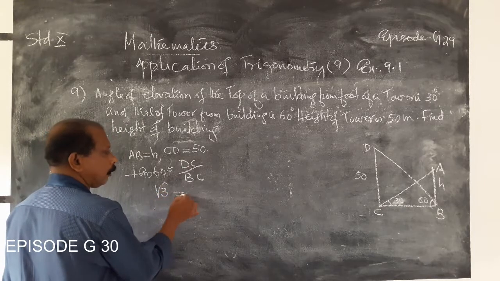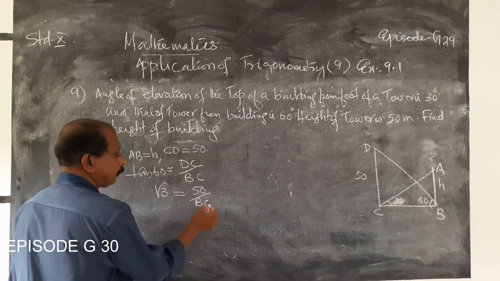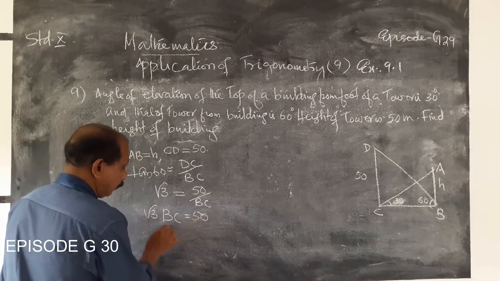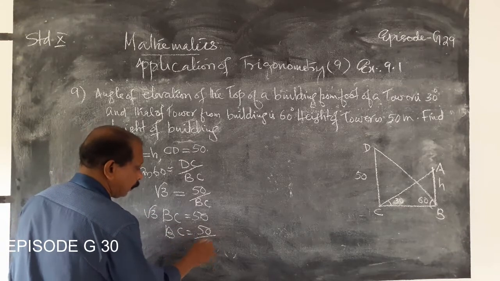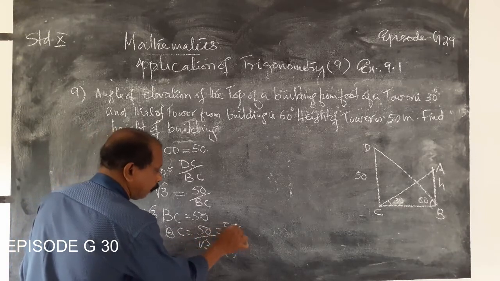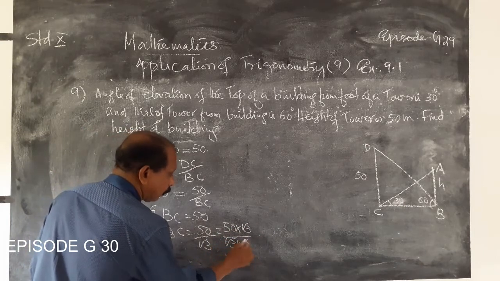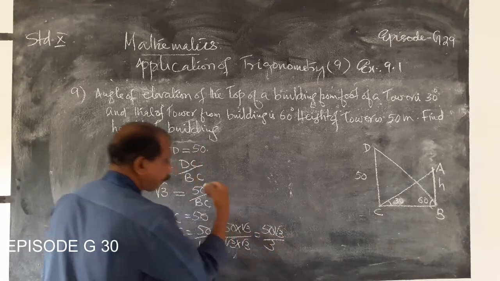Root 3 is equal to 50 by BC. Therefore, root 3 BC is equal to 50. Therefore, BC is equal to 50 by root 3, which is 50 into root 3 by root 3 into root 3, equal to 50 root 3 by 3.